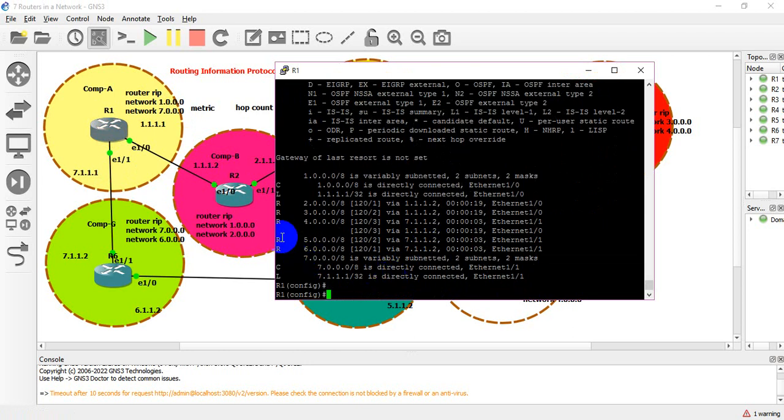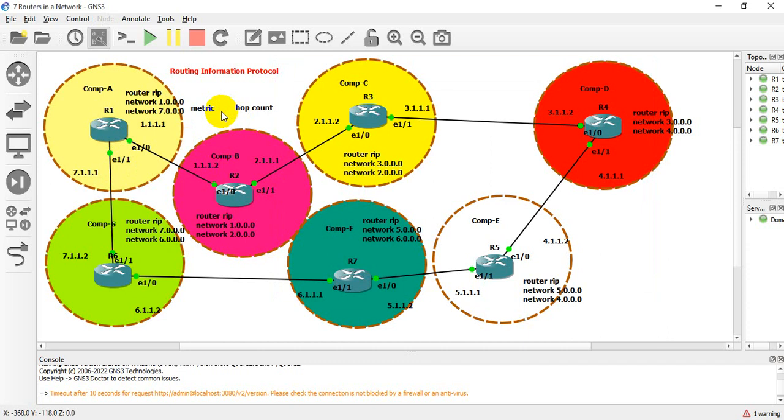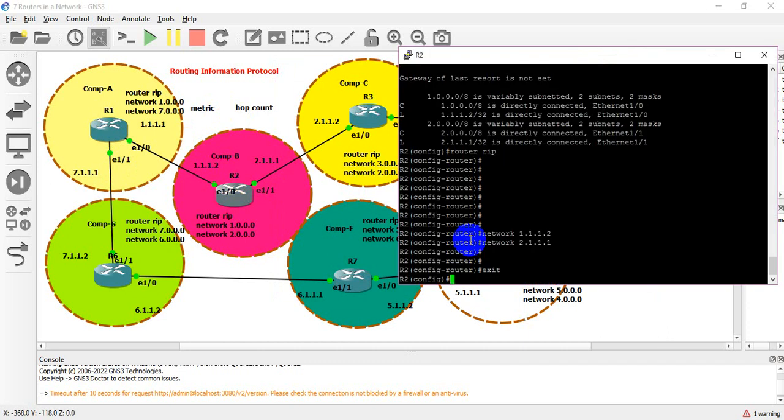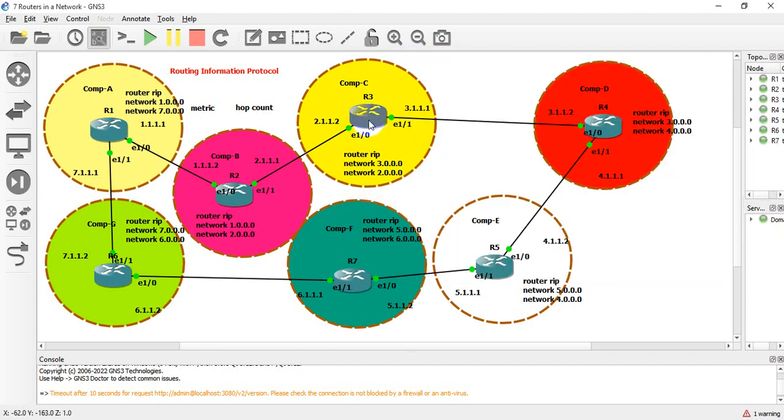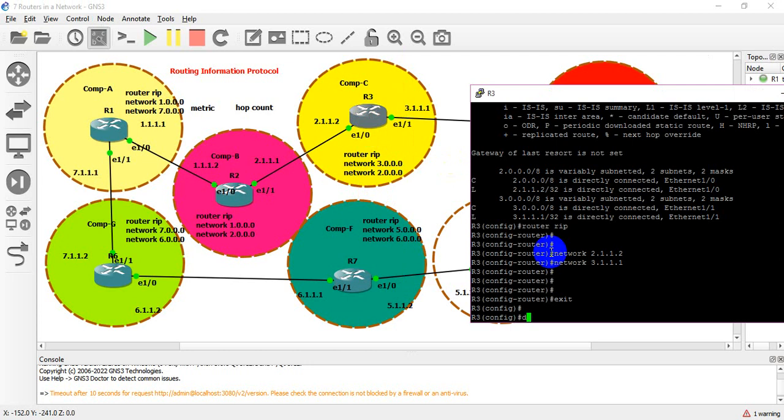So yes, 1, 2, 3, 4, 5, 6, 7. Seven networks are available. If you check here, 1, 2, 3, 4, 5, 6, 7. Seven networks are available, which means routing tables are completed through the RIP protocol.